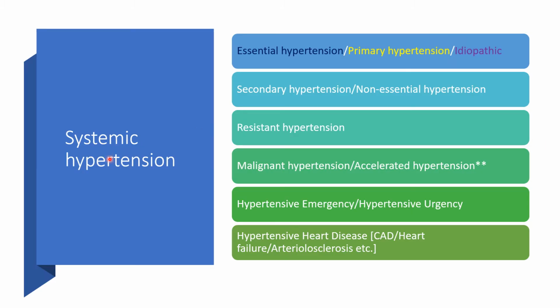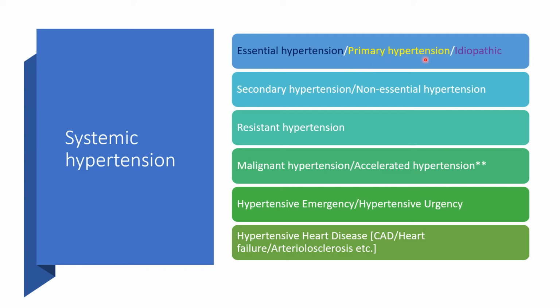Systemic hypertension could also be broken down into many different types, but majorly two: essential hypertension or non-essential hypertension, otherwise known as primary hypertension or secondary hypertension. Now, let me stay on this alone. Essential hypertension is the old name, now known as primary hypertension or idiopathic hypertension, when we cannot come down on a specific cause or causes of that hypertension.